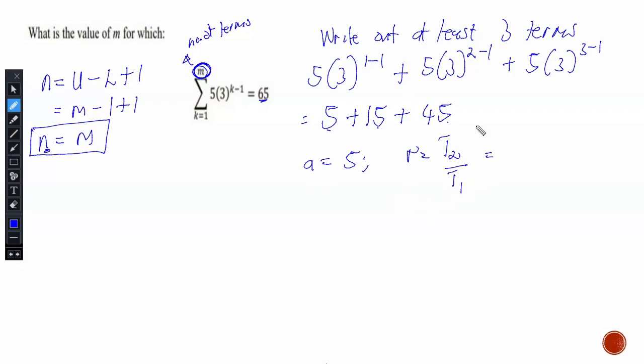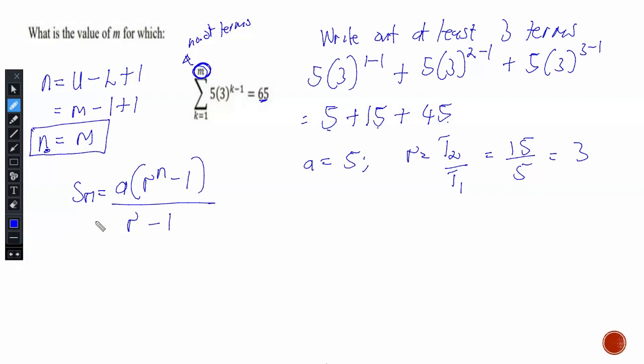So which will give us what? 15 over 5. Now 15 over 5 will give us 3, right? So we have our r value, we have our a value. So this is supposed to be Sn is equal to a, and then we have r to the n minus 1, over r minus 1. The reason I'm using this one is because my r is greater than 1.